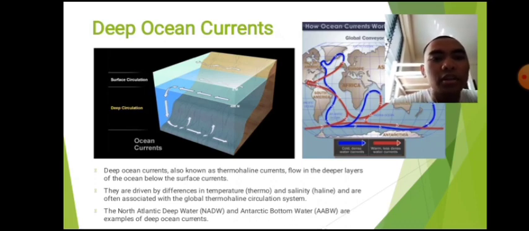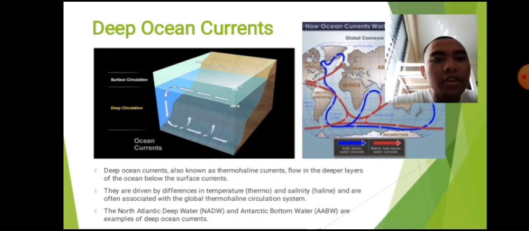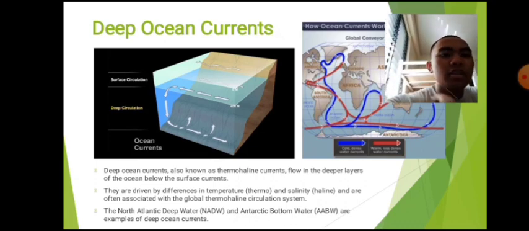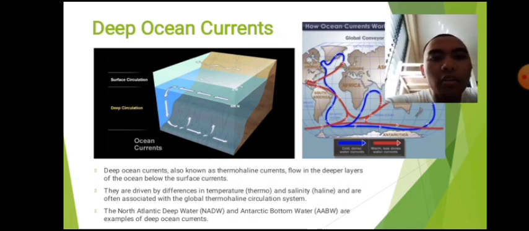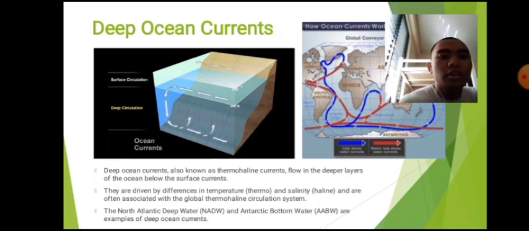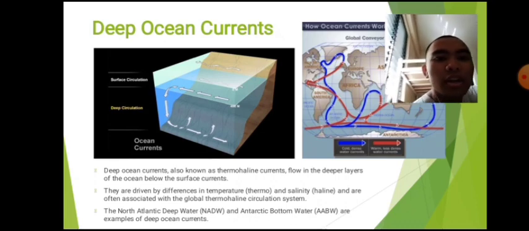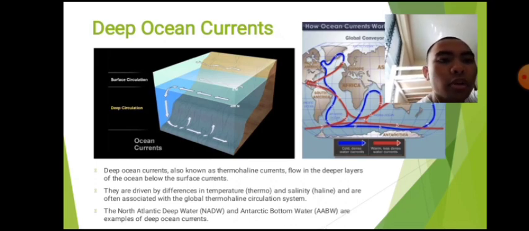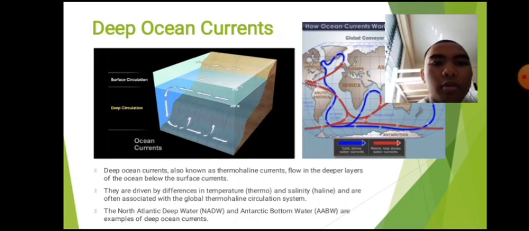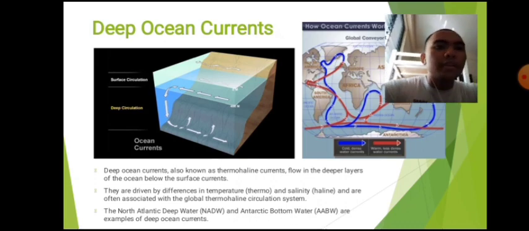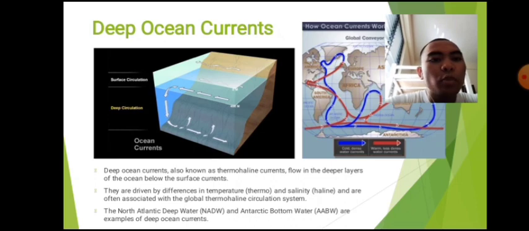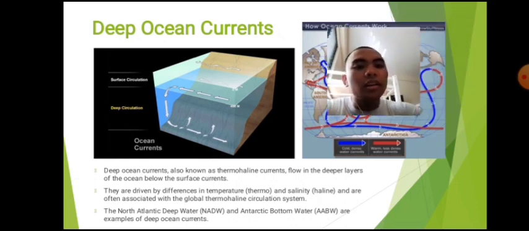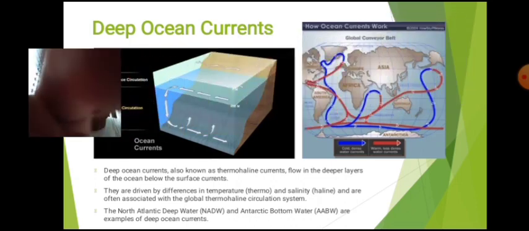They are driven by differences in temperature, thermo, and salinity, haline, and are often associated with the global thermohaline circulation system. The term thermohaline is derived from the words for temperature and salinity, or haline. The North Atlantic Deep Water, or NADW, and Antarctic Bottom Water, or AABW, are good examples of deep ocean currents.